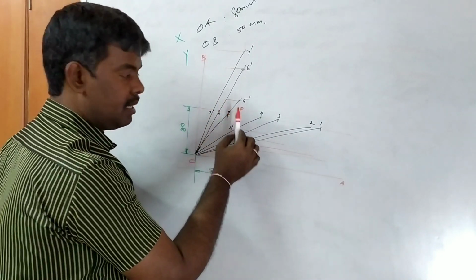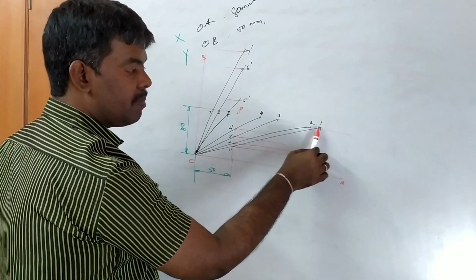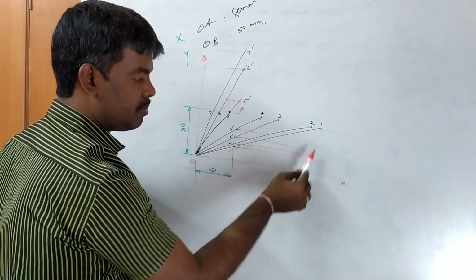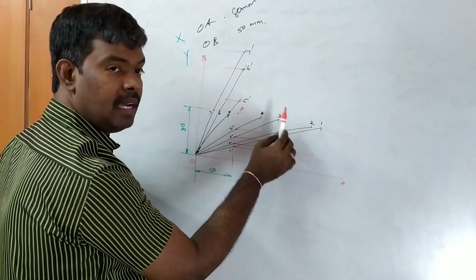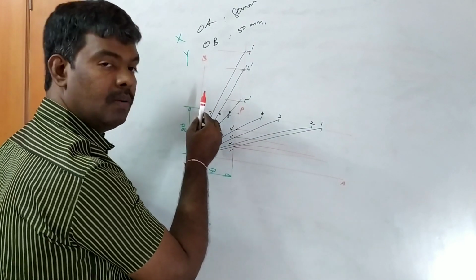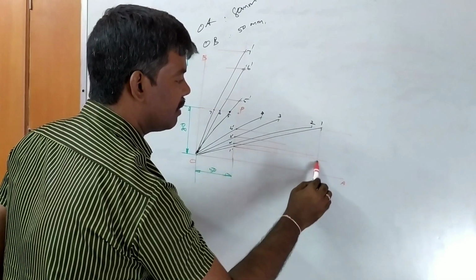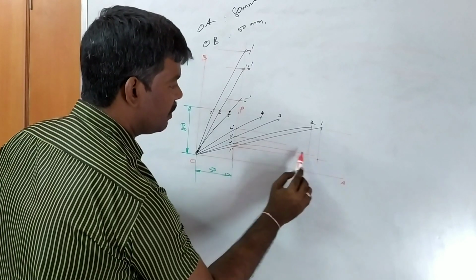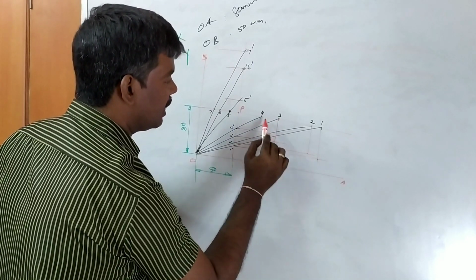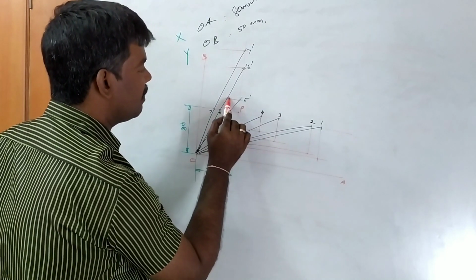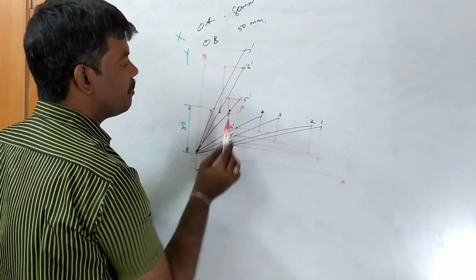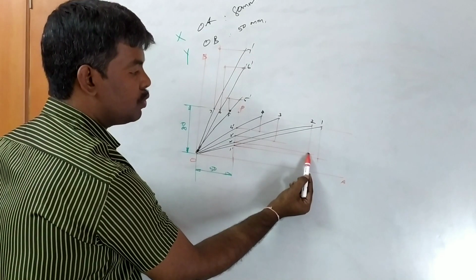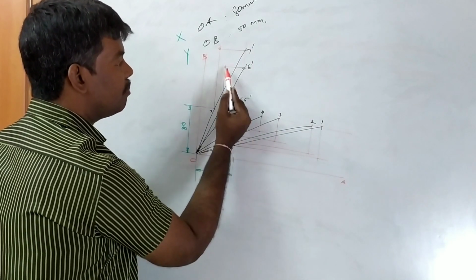Similarly, from the horizontal numbering, from 1, 2, 3, 4, you draw a line parallel to the opposite asymptote OB. Since OB is vertical, these are vertical lines from 1 dash, 2 dash, 3 and 3 dash, 4 and 4 dash, 5 and 5 dash. The intersections give P1, P2, P3, P4, P, P5, P6, P7.